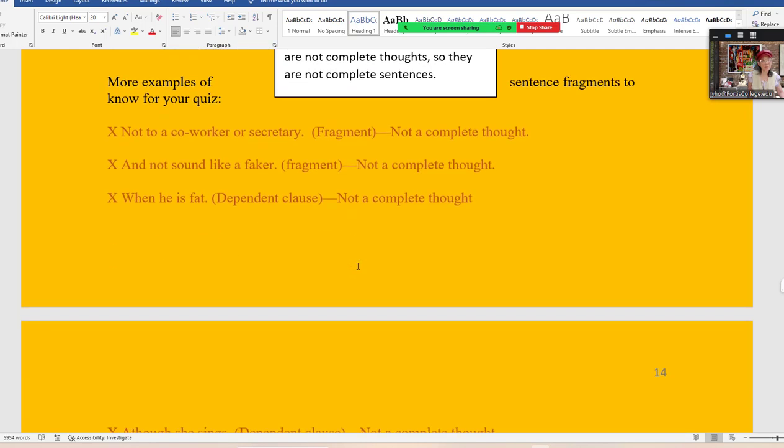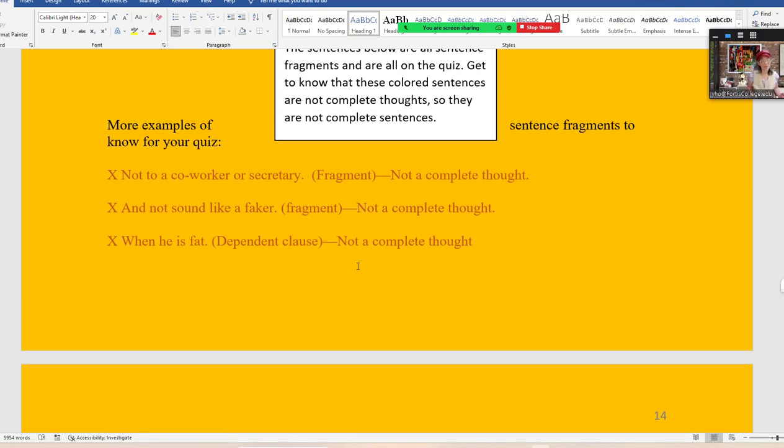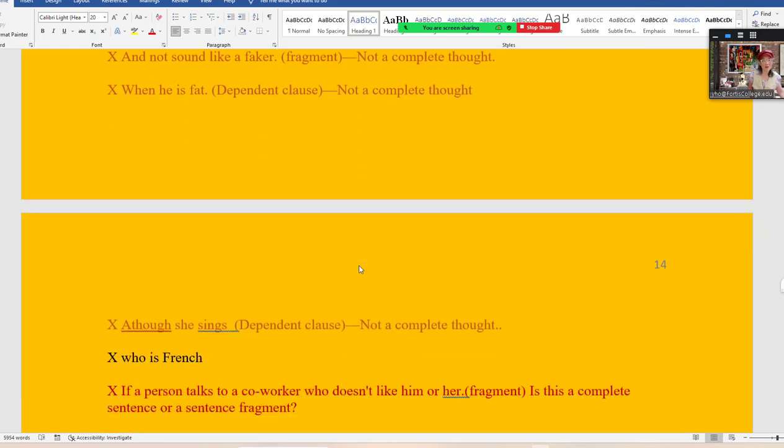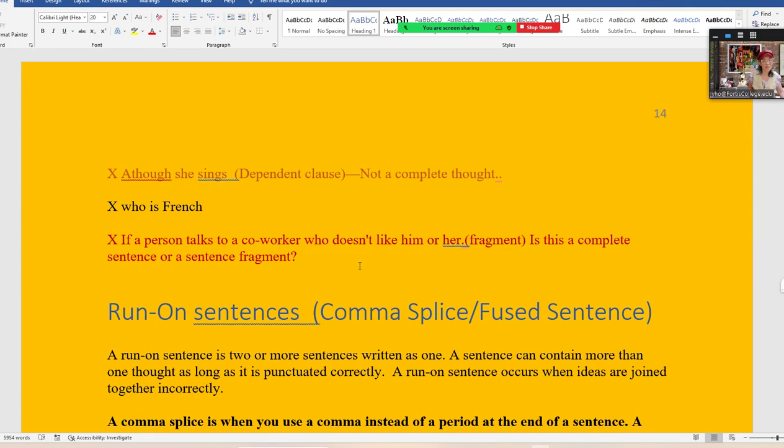So it's a simple sentence. And so here is what you have on your quiz. Here are some examples of sentence fragments. "Not to a coworker or secretary." That is a fragment because it's not a complete thought. "And not sound like a faker." That is also a fragment and not a complete thought. "When he is fat" is a dependent clause and not a complete thought.